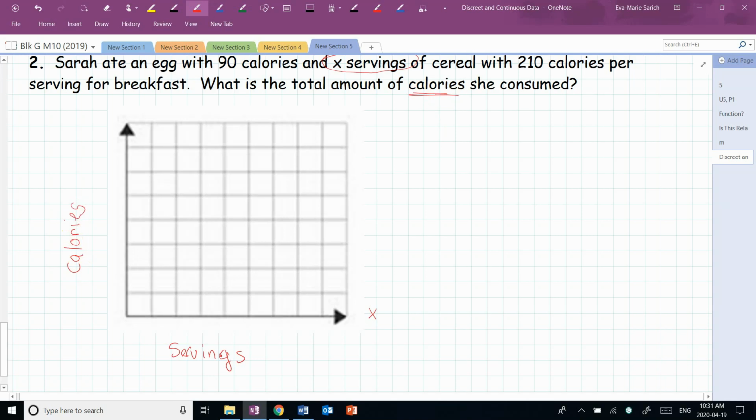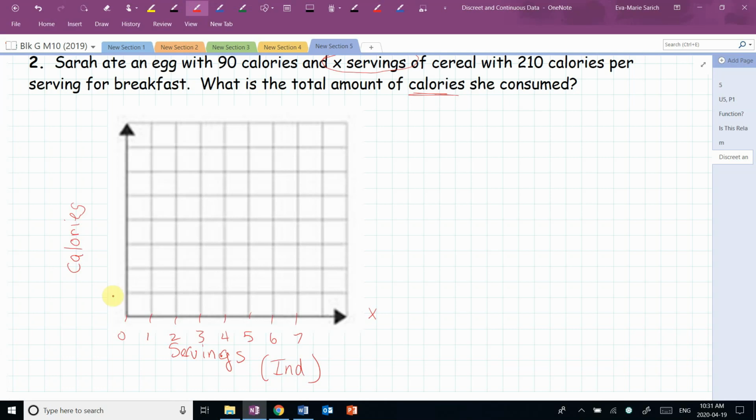So again, servings is the independent. We can just start off at 0, 1, 2, 3, 4, 5, 6, 7, etc. servings. Don't think she's going to eat 7 servings, but if she did, how many calories would that be?